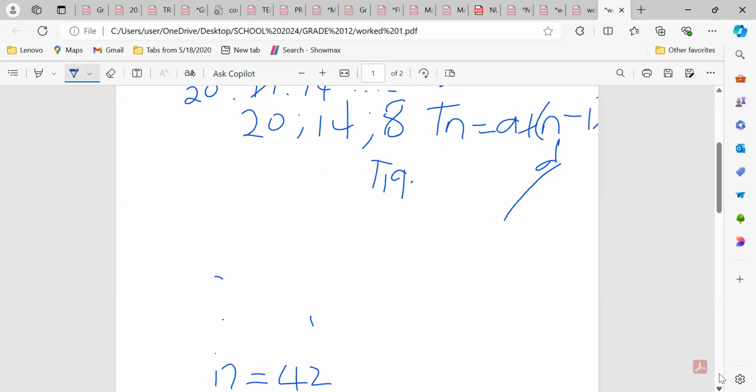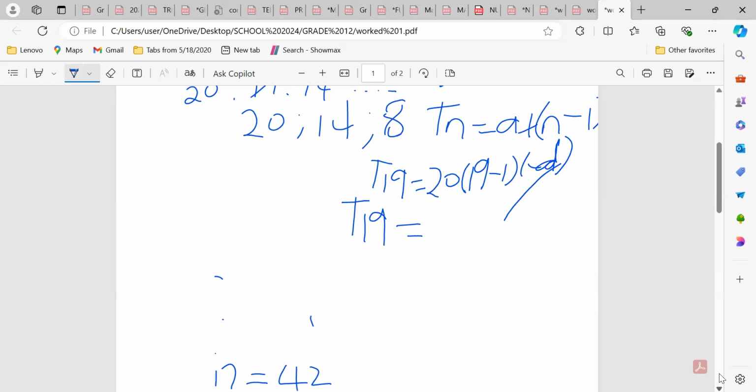The first one is 20, and it's 19 minus 1. The difference is going to be 6. Get it? Only. Yeah. So the difference is going to be 6. T19 is going to be this one.